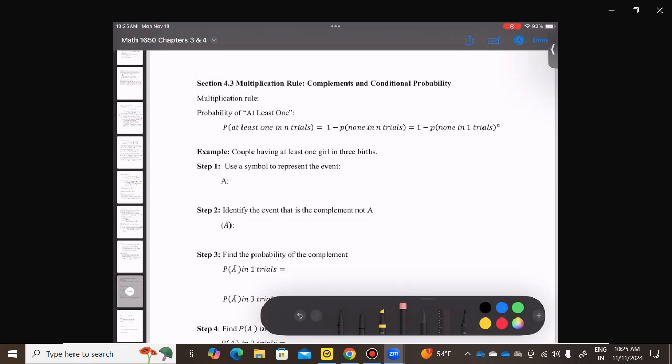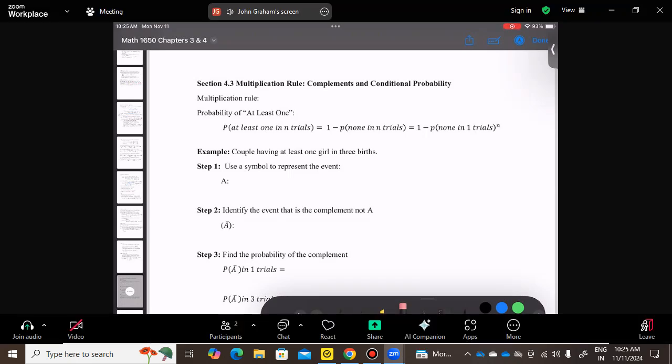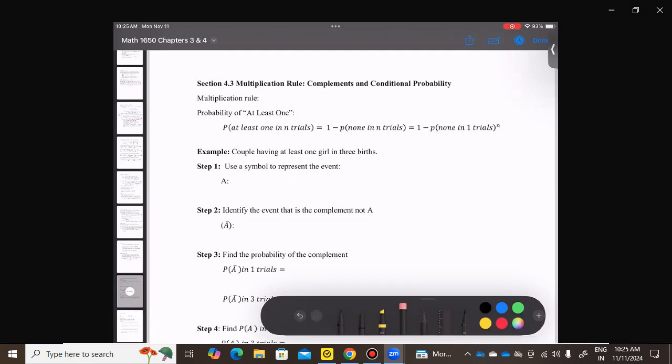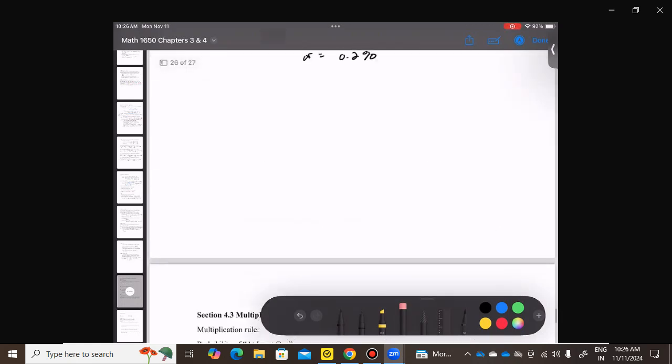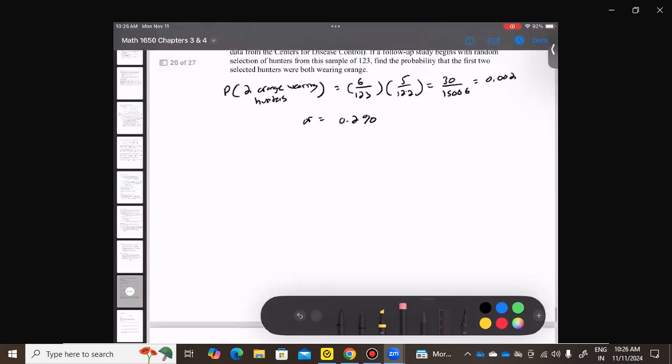So the at least one rule looks at the fact that the complement to at least one is the probability of none. So you either have none that happen or at least one trial event A happens, but there's no other in between there. And we did one that was similar. Let me go back to it.